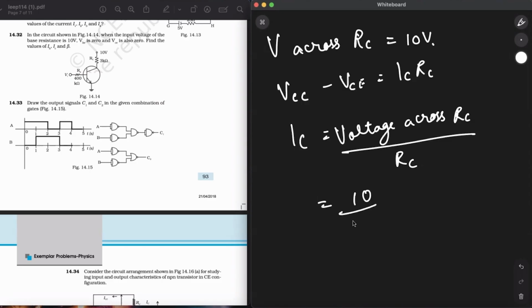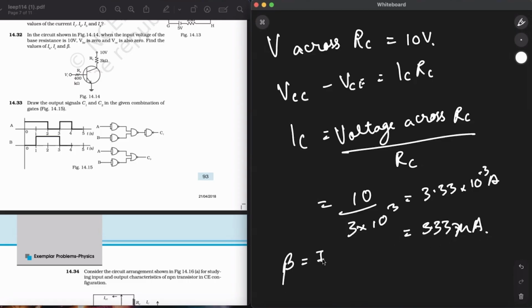So it will be 10 upon 3 into 10 raised to the power of 3. 3.33 into 10 raised to the power of minus 3 ampere. I can write it as 3.33 milliampere. Alright. Now beta is nothing but IC upon IB.